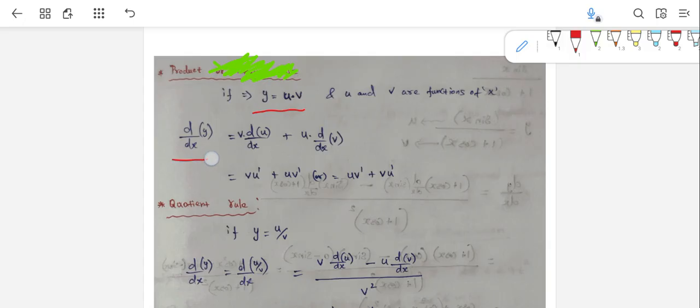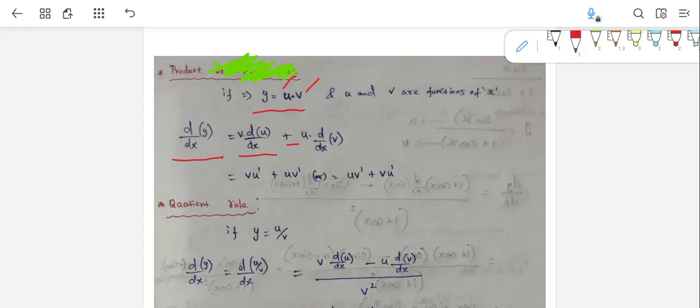Then dy by dx will be: u is one value, v is another value. You keep v as it is, multiplied with du by dx, the differentiation of u alone.